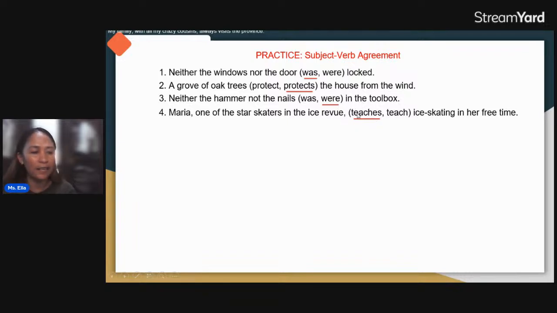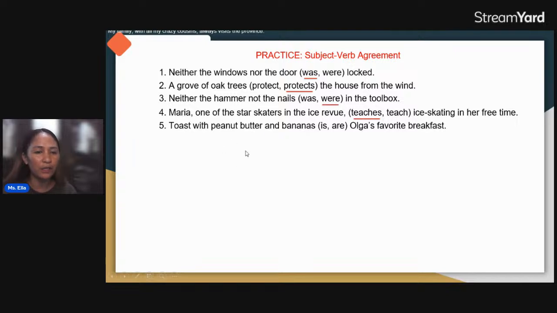Okay, now let's continue. Number five, toast with peanut butter and bananas is our Olga's favorite breakfast.